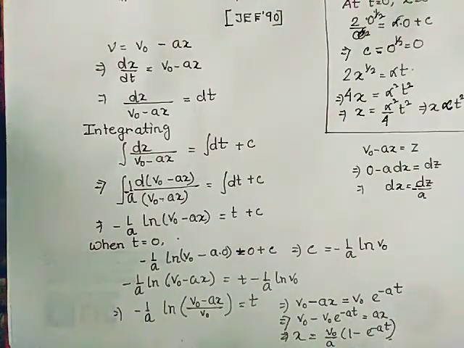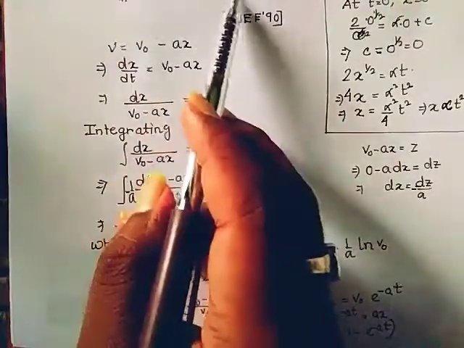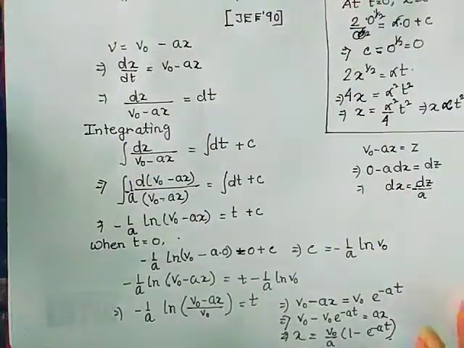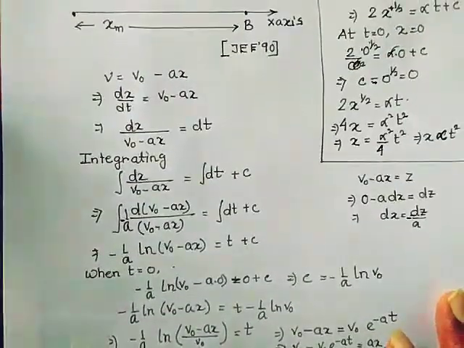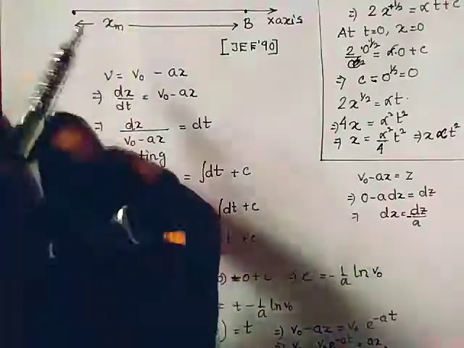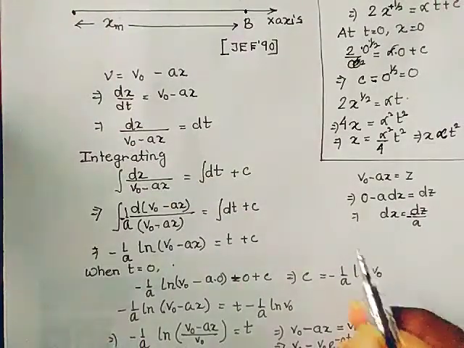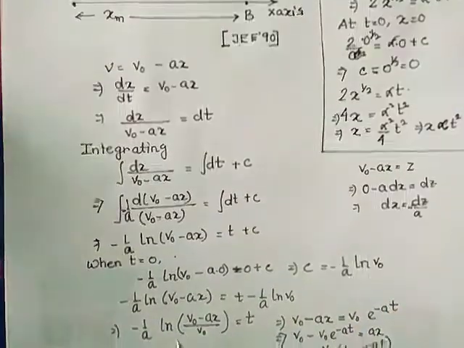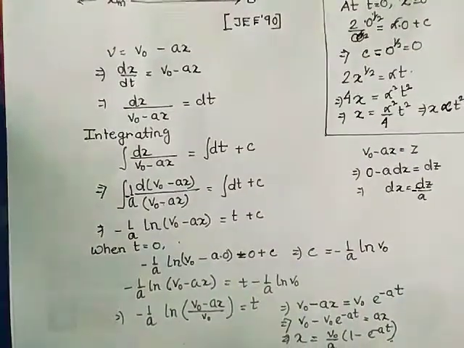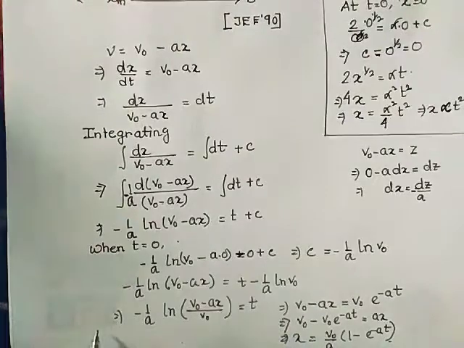Now we have to find out when it will reach the position B, that is at x to the power m, x m. It will reach the position x m at a time we can consider as t m.